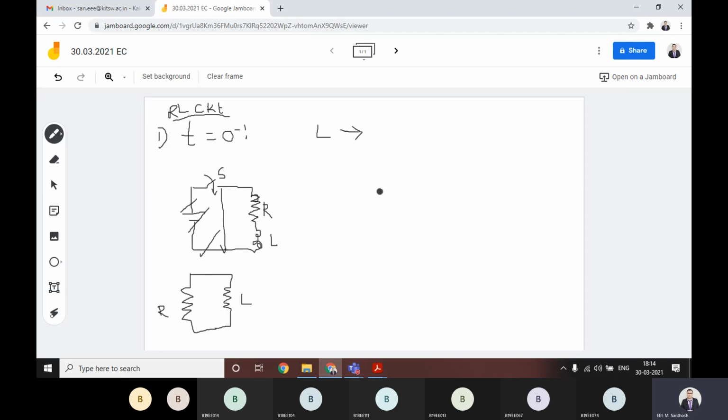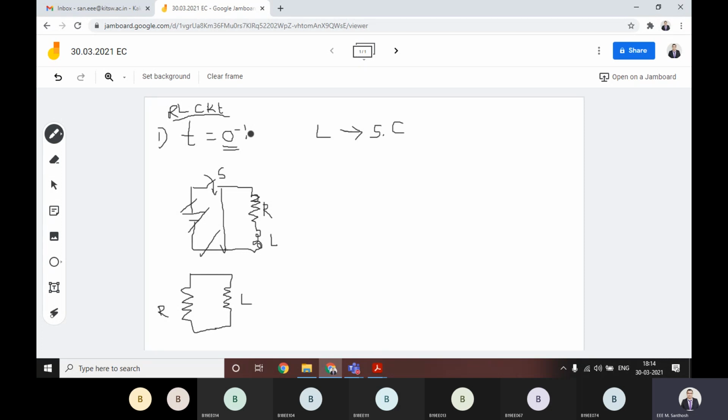When you want to solve for 0 minus, that is just before switching, the circuit or network is at steady state. For that reason, you have to replace the inductor with a short circuit. Why we are replacing with a short circuit is, the network at t equal to 0 minus is at steady state, so the inductor will act like a short circuit.